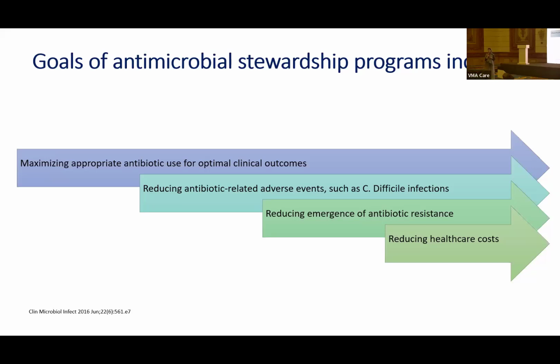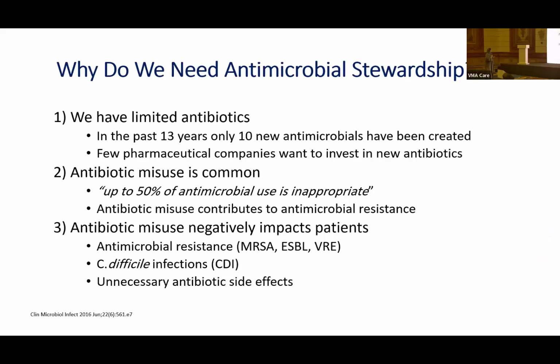We want to hire people that can help in stewardship. We want software that helps us calculate the outcomes. So if we can prove that we are reducing healthcare costs, then this might also make it more attractive to administration to support these types of programs. And this is why it's important to include it in the outcomes.